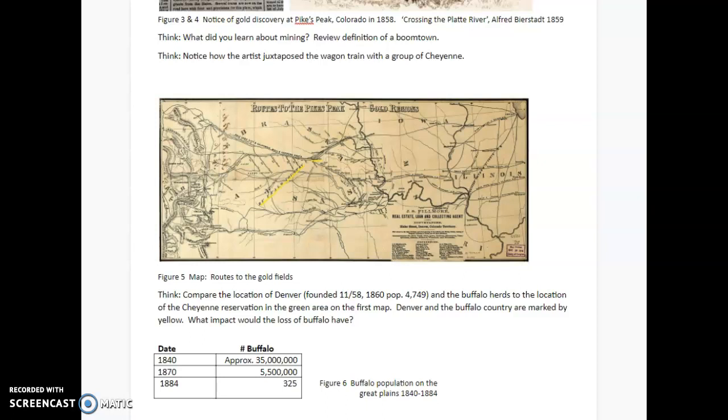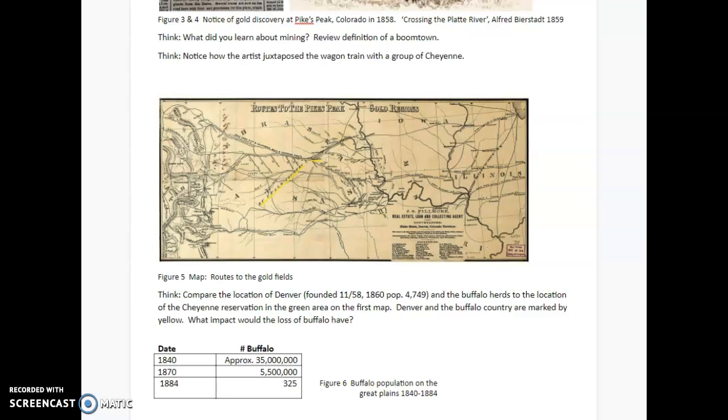And the 1860 population was 4,749. So you should compare this area and where Denver is and where the buffalo fields are to the map in figure 2 showing where Denver is.